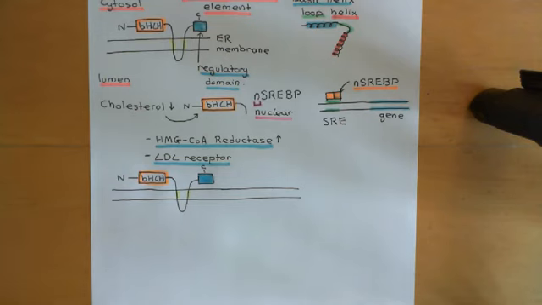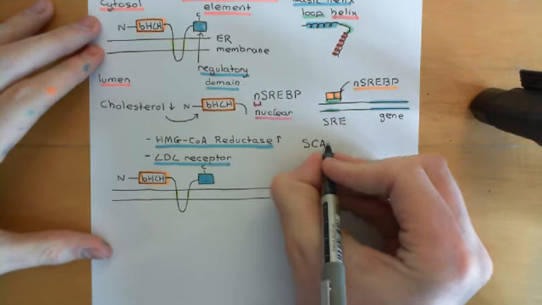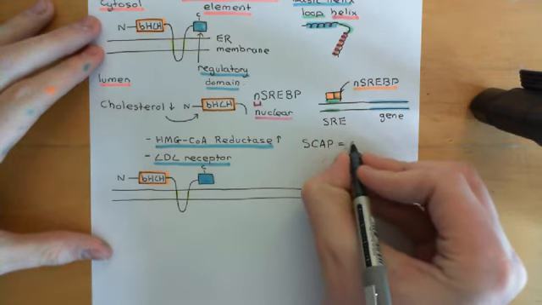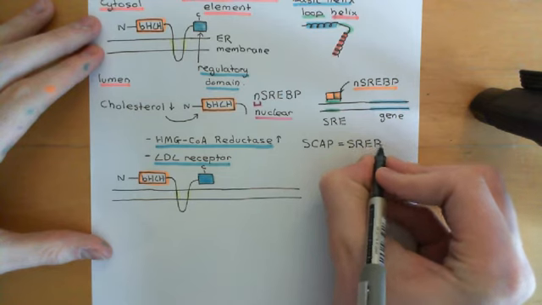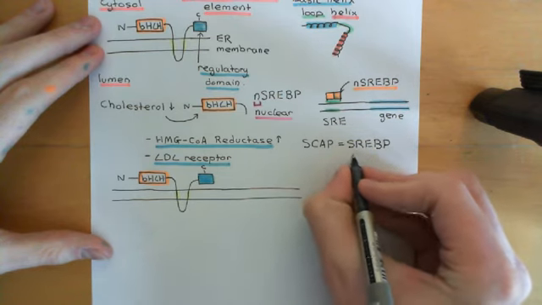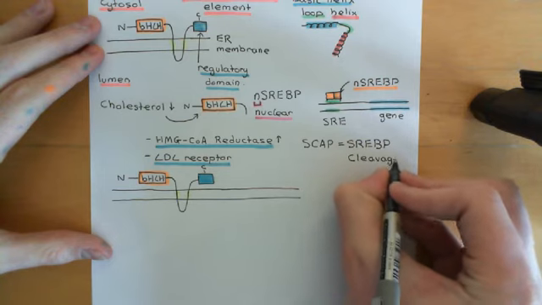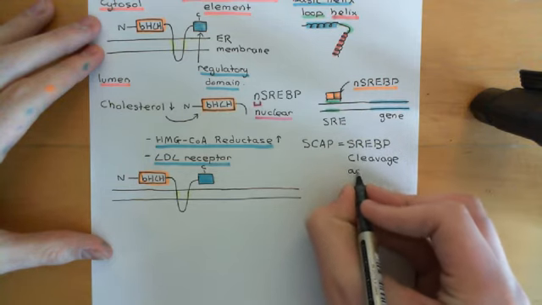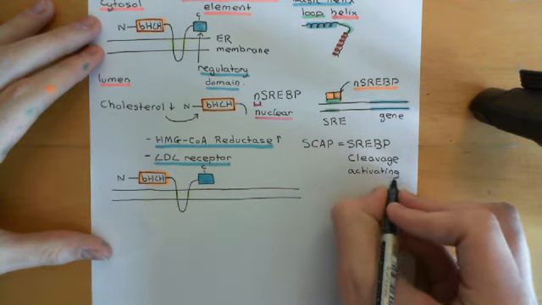Now what's going to happen is SREBPs that are in the ER membrane end up complexing with this other protein, which is known as SCAP. So what does SCAP stand for? Well, the S is for SREBP, so it's the SREBP cleavage activating protein. The C is for cleavage, the A is for activating, and finally the P is for protein.